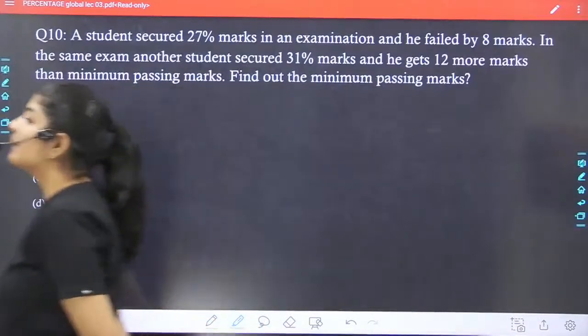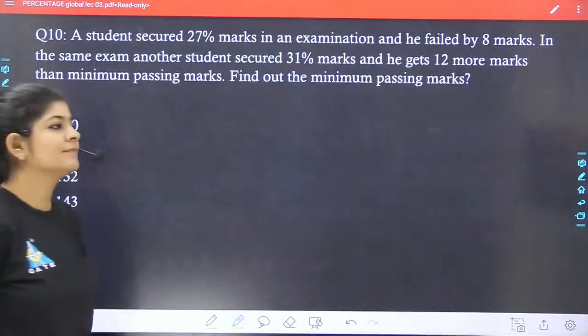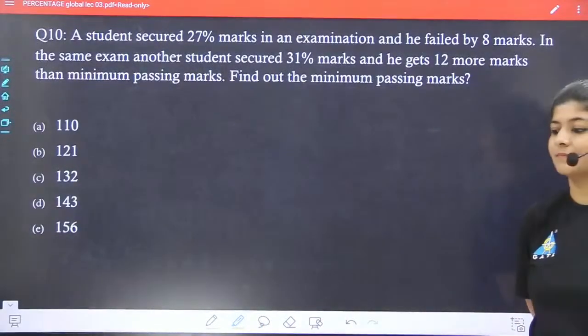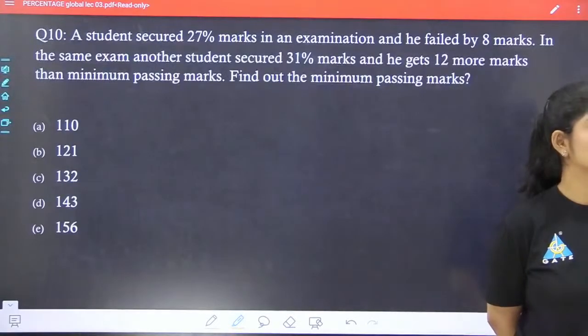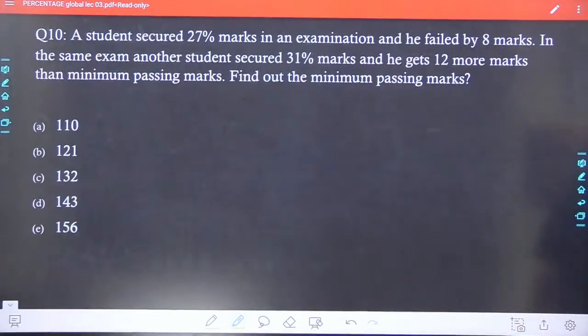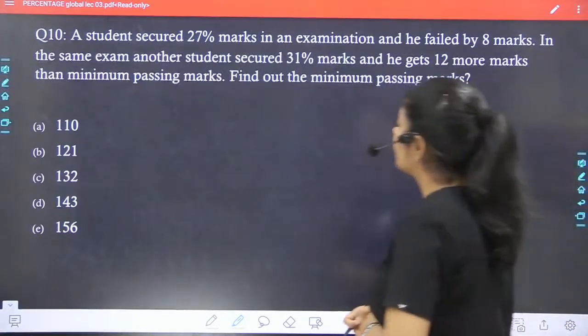How do we calculate the minimum passing marks?